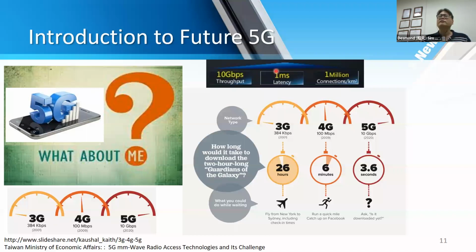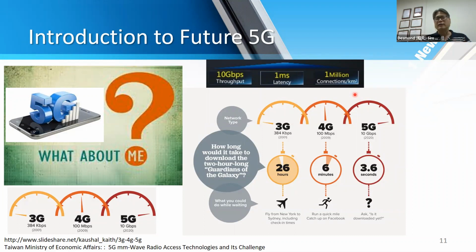And next, the connection density per square kilometer must be 1 million, meaning that if I'm using this 5G system, a mobile phone can connect up to about 1 million devices within a square kilometer area. So you can see that these three criteria are what is holding us back as we try to develop 5G technology.